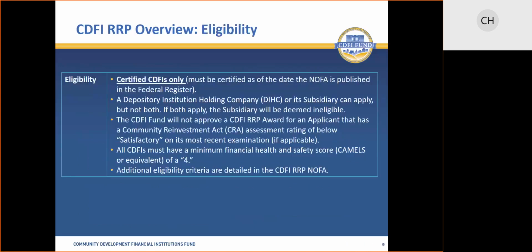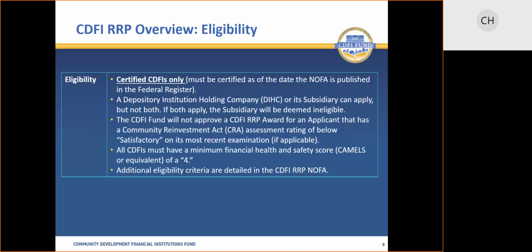So, who's eligible for the CDFI RRP? First, you must be a certified CDFI as of the date the CDFI RRP NOFA was published in the Federal Register. And this date was February 26th of 2021. Next, a depository institution holding company or its bank subsidiary can apply, but not both. If both apply, the bank subsidiary will be deemed ineligible and the CDFI Fund will review the application of the holding company.